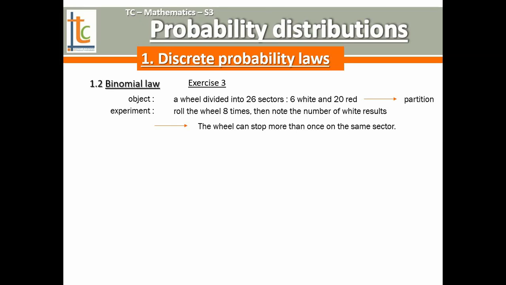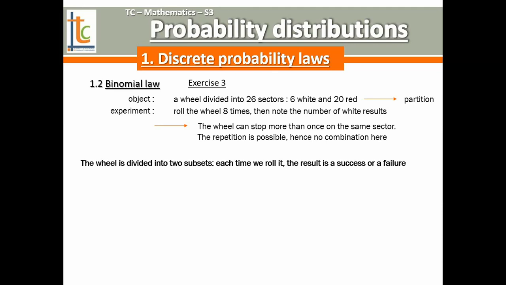But here, the same sector can be reached twice, for example, or 3 times or 4 times. It's a possibility. The comparison is that if you pick up a letter in the alphabet at random, once it's chosen, it can't be chosen again. So that's the big difference here. The repetition of an element of the initial set of objects is possible. Hence, no combination here.